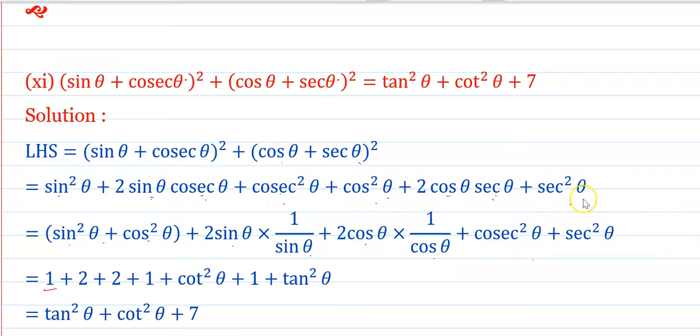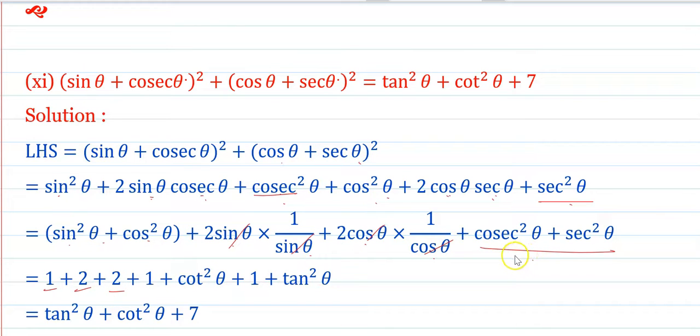Next, cosec square theta plus sec square theta, the terms we wrote last. Sin square theta plus cos square theta is 1. 2 into sin theta into 1 upon sin theta, these two get cancelled. You will get here first 2. Second, cos theta gets cancelled. You will get here 2.